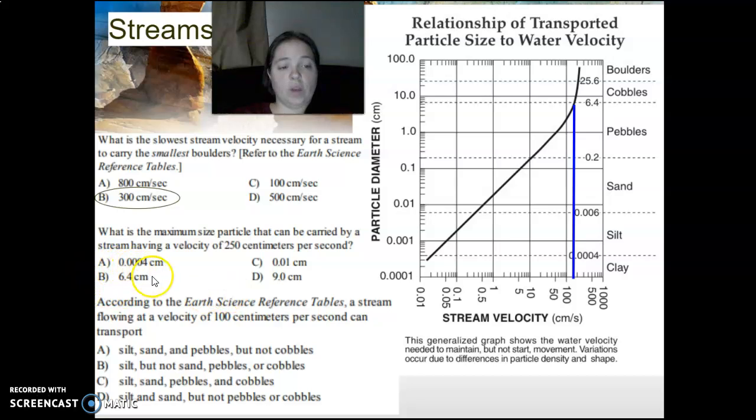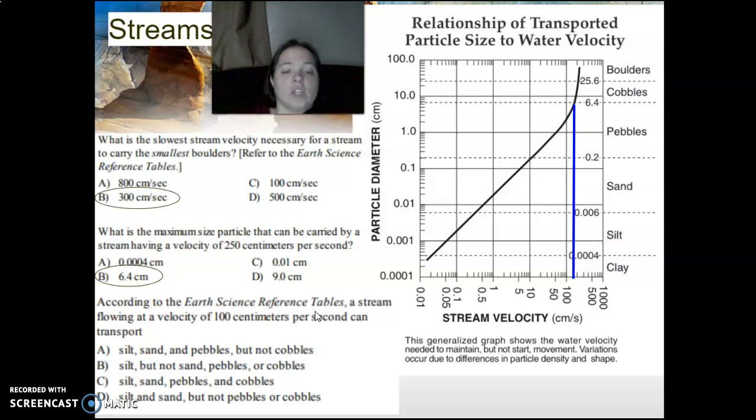Look at that, it's right there. I don't even have to cross out what I don't know. This is my test taking skills: I try to eliminate what doesn't make sense first, but this one's pretty easy because you have nothing to eliminate. It gives it to you right off the bat. 6.4, so it'd be B.